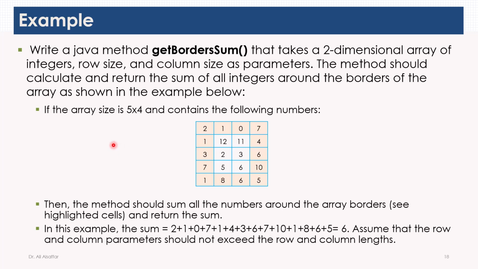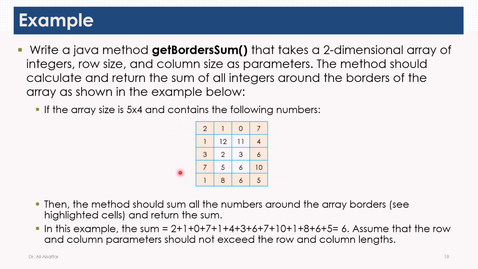In fact, we can process this array in a more efficient way than row by row and column by column, because row by row and column by column, we are visiting some elements that we are not interested in to find their sum. We are interested only in the elements that are on the border. We can do that by writing 2 separate for loops, not nested loops. The first loop, we make it find the sum of the 2 rows, row 0 and row - 1.